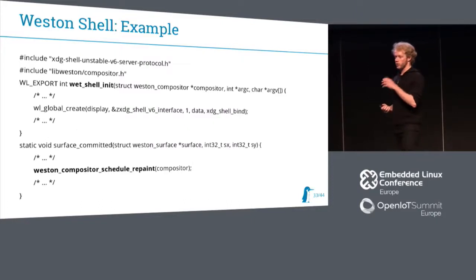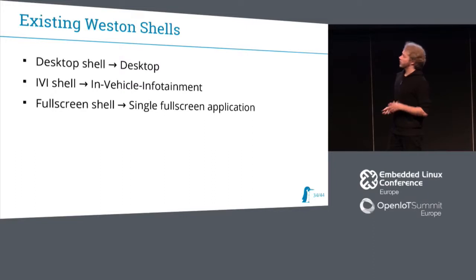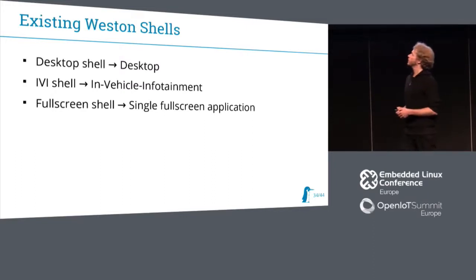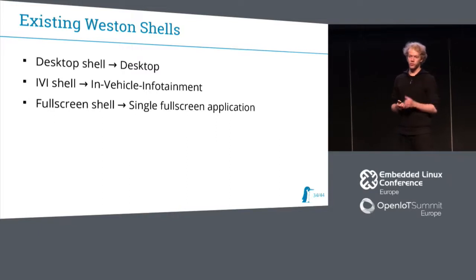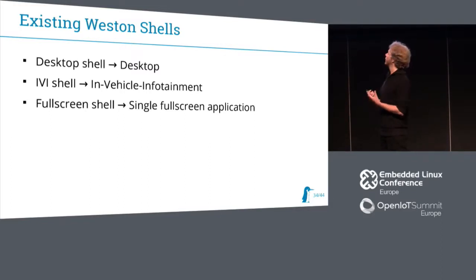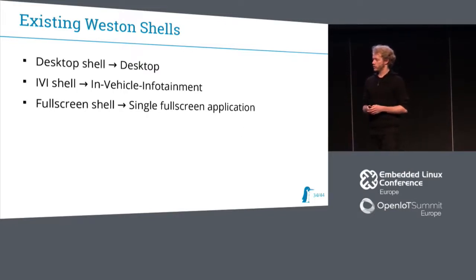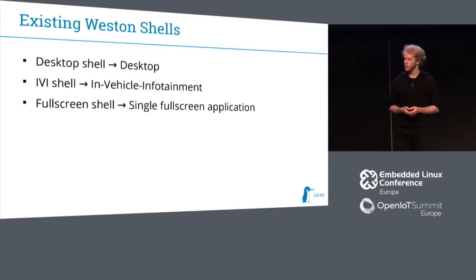You need to do a lot of stuff in between. So if you want some examples on how to do that, you can go to the Weston sources. There you have an example desktop shell implementation, which is for a desktop use case. Then you have the IVI shell implementation, which is for an in-vehicle infotainment use case. And you have the full screen shell, which is for a single application that runs in full screen.